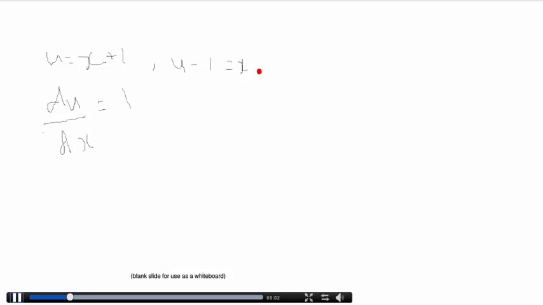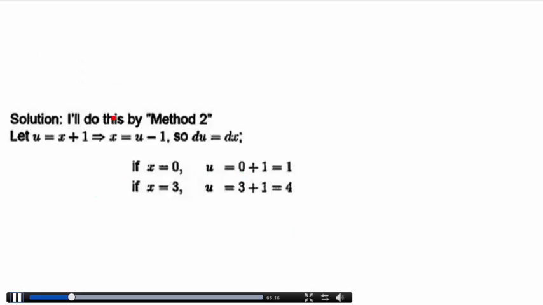U minus 1 is equal to x. Using this we can write our limits. We'll have to first go on to do our limits part. Once we have determined that u is equal to x plus 1, we'll now do x is equal to u minus 1 as well.